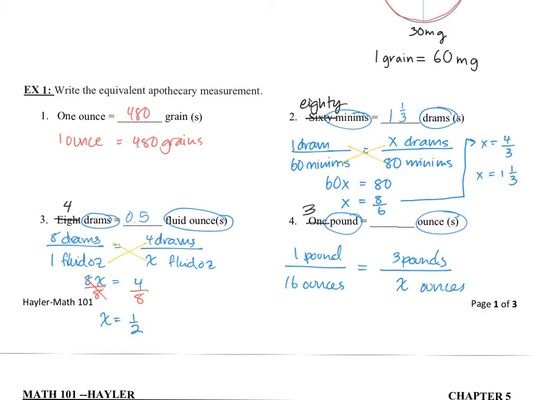Let's cross multiply. 16 times 3, what is that going to be? Let's see, 48. So 48 ounces. Oops, getting a little squishy here.